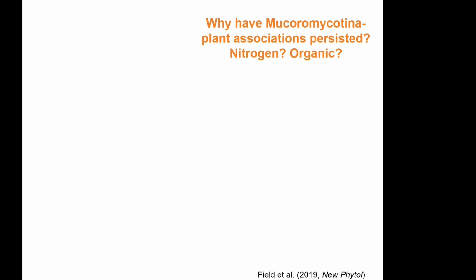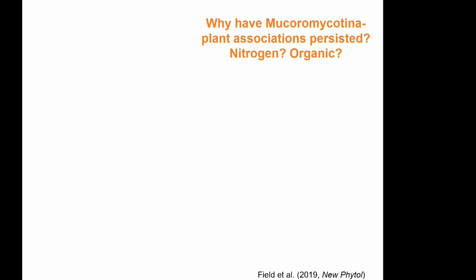I can explain it. We wanted to test what the role of this Mucoromycotina fungus was in supplying maybe a different nutrient to plants than we would typically expect with an arbuscular mycorrhizal symbiont. So we came up with an experiment to test whether nitrogen was important to the Mucoromycotina symbioses, and secondly, whether they could access it in an organic form.